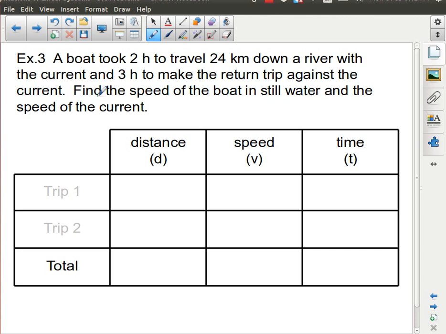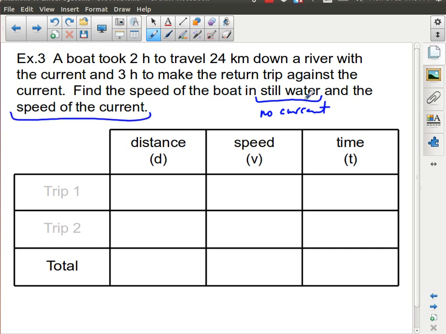So when we talk about finding the speed of the boat in still water, that is asking us what would be the speed of the boat if the person was paddling with no current, or imagine the person was paddling in a swimming pool, and we also want to know the speed of the current.